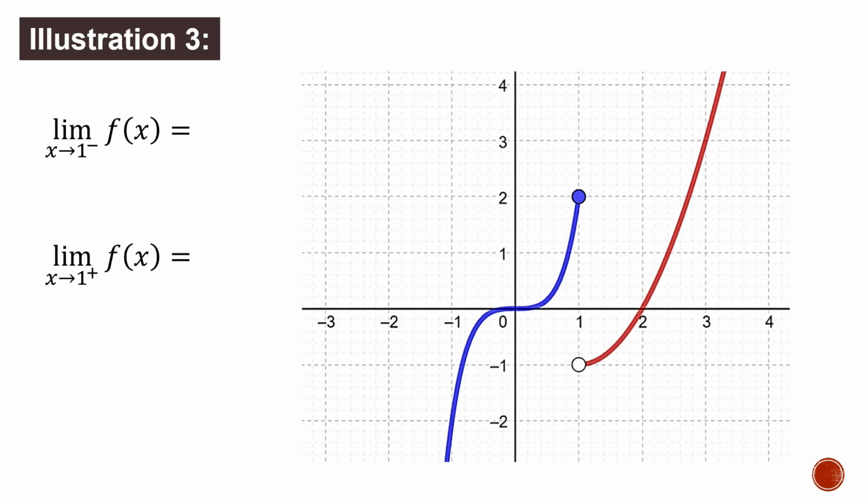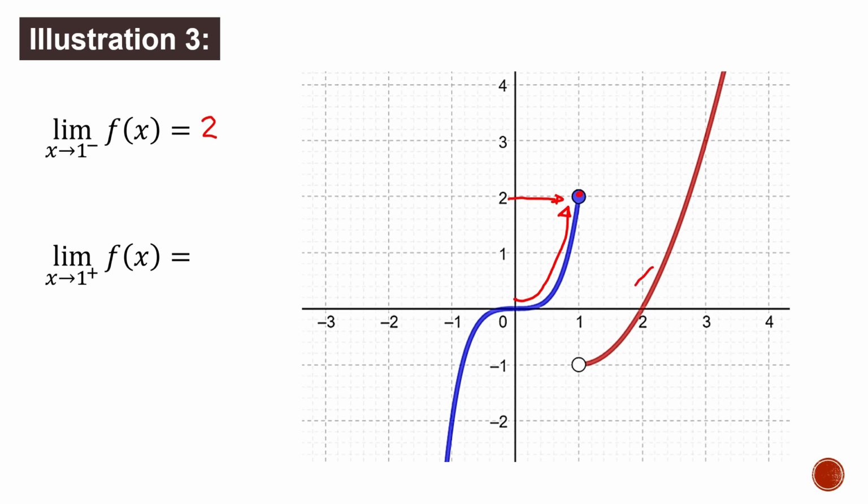Okay, so here we need to find the limit of f of x as x approaches negative 1. So that means we're talking about the blue graph. That's the focus. All right, and it is approaching this point, and that is positive 2. And then here, the limit of f of x as x approaches 1.